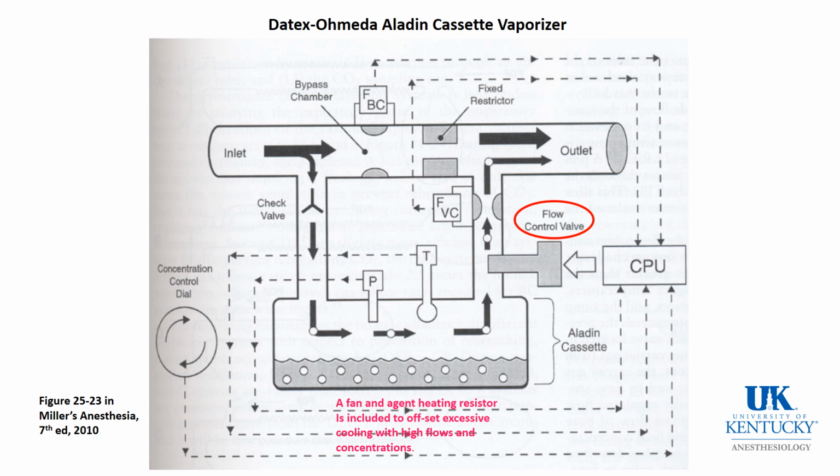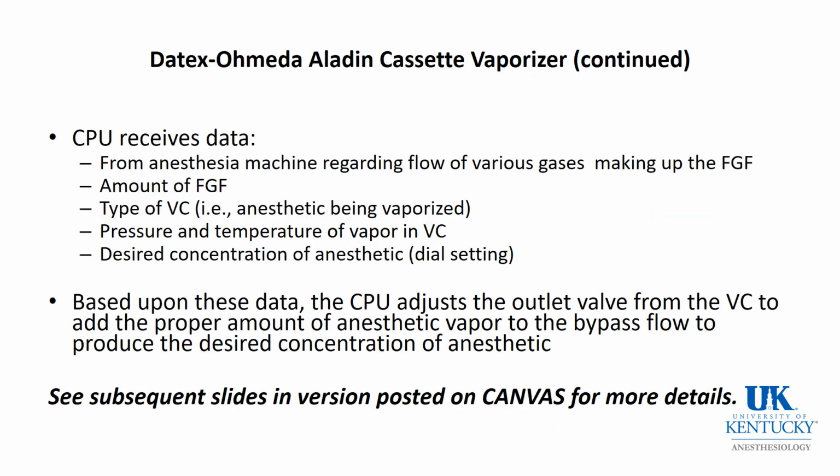So it's similar to the Tec vaporizer, but it's controlled by a computer. As I say, the computer receives all of this information, and based on that information, it produces the proper concentration of agent in the fresh gas flow.